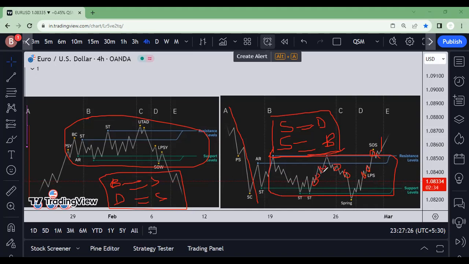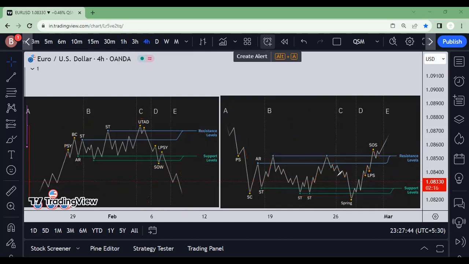Because if price is falling for 10 points, there has to be something happening which is pushing the price down for 10 points. And the same goes with, if price is appreciating for 10 points, there has to be something which is pushing the market upwards.